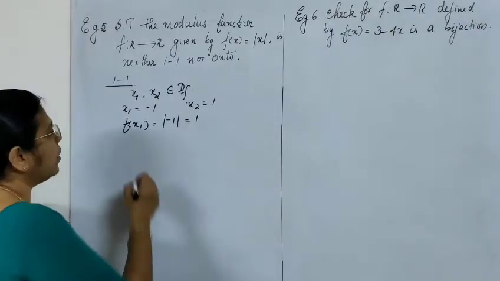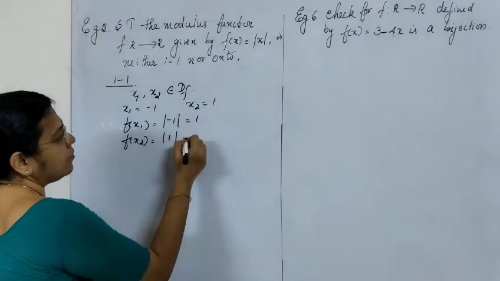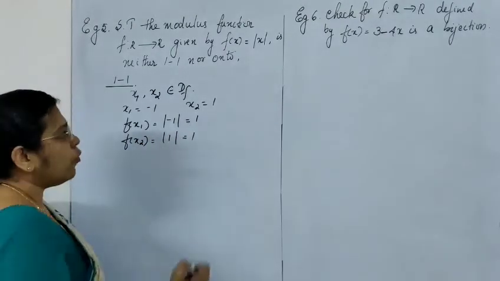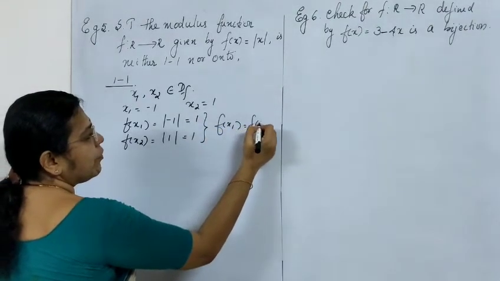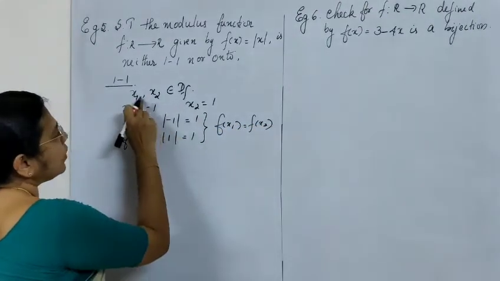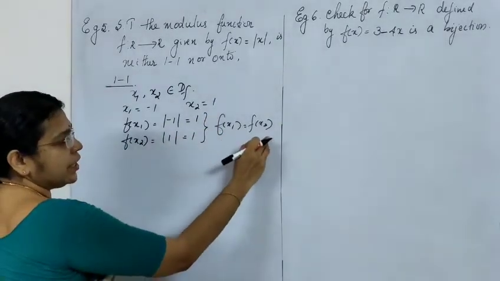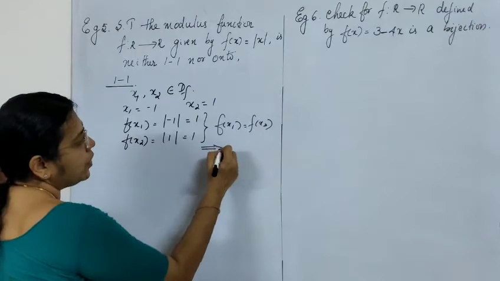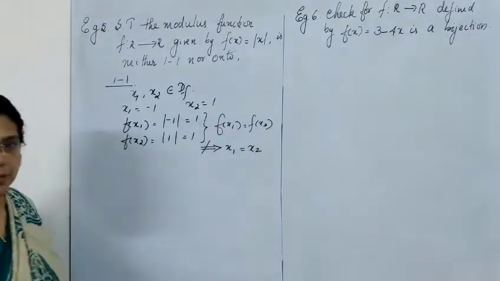F of x2 is modulus of 1, which is equal to 1. What do you get here? F of x1 is equal to f of x2, but x1 is not equal to x2. So f of x1 equal to f of x2 does not imply x1 is equal to x2.